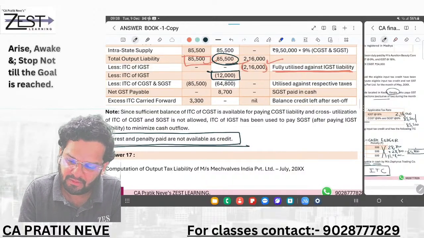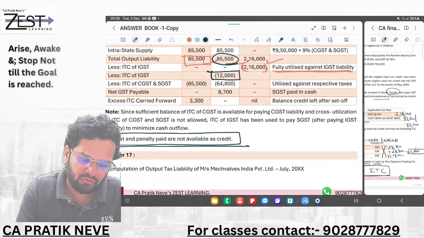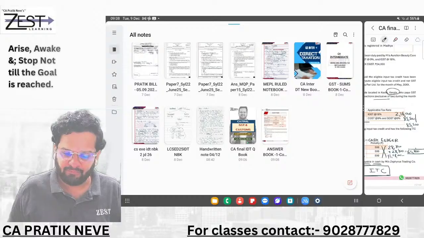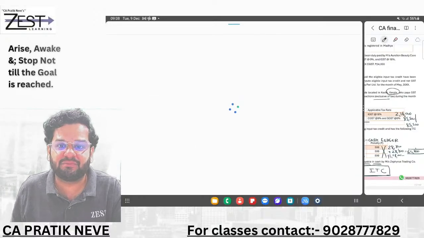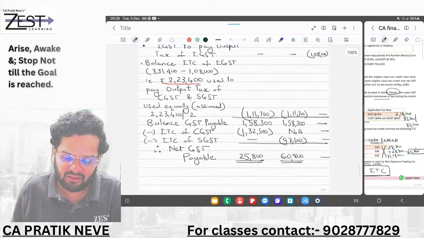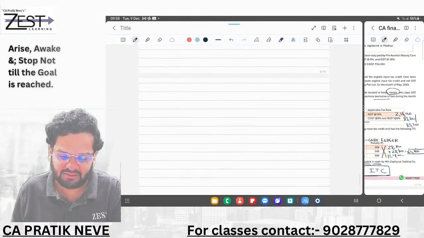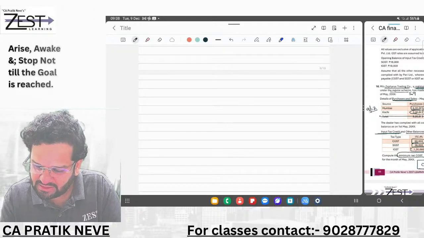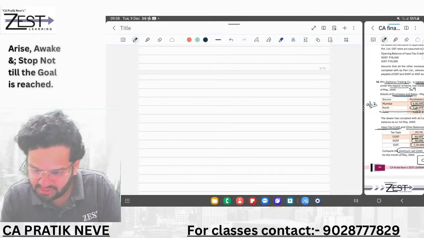Okay. So friends, I would like to solve it for you in the notebook and show you, because the minimum net GST payable calculation is requiring some analysis. So this is our question number 16 on page 69.